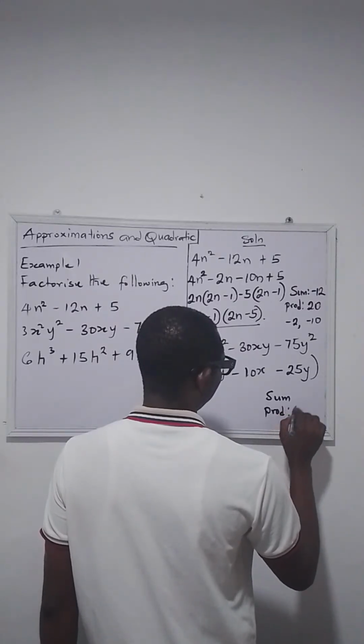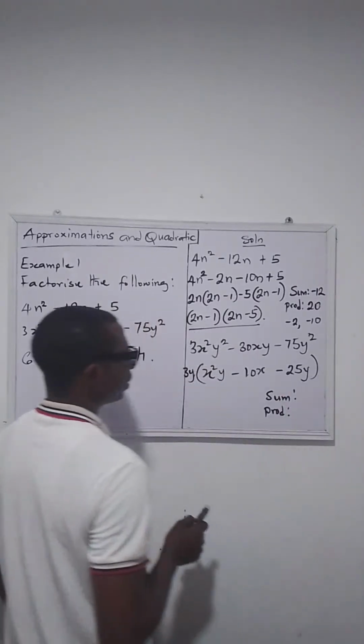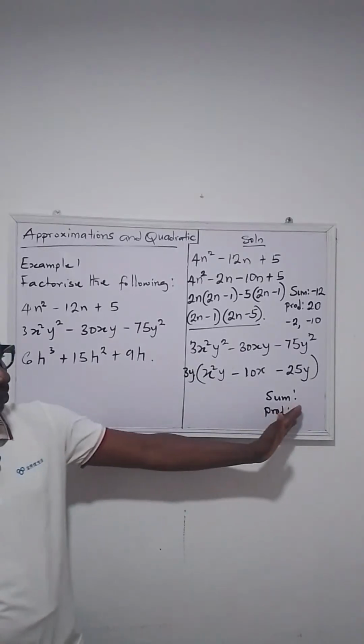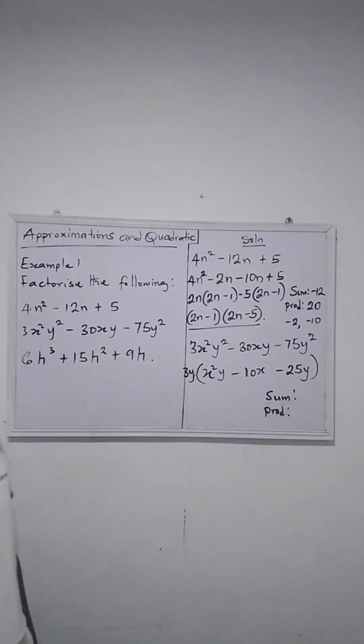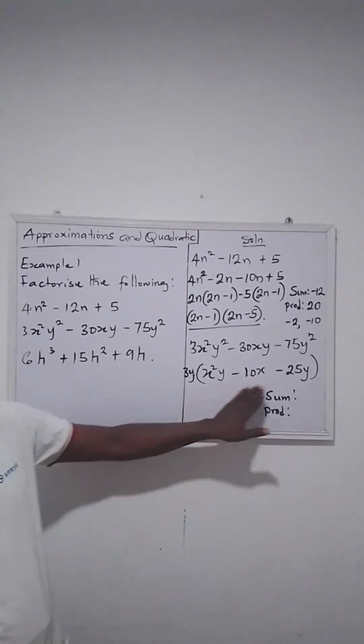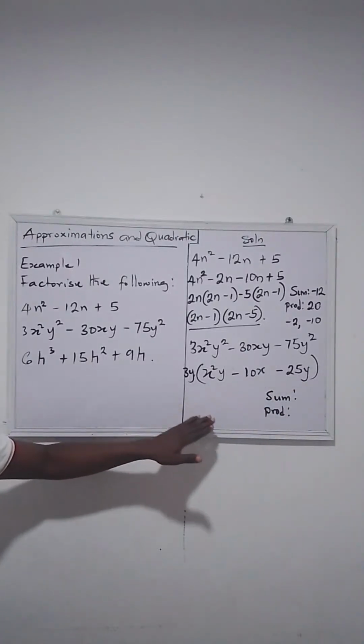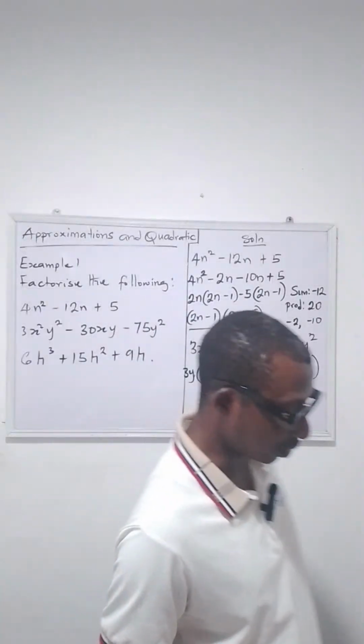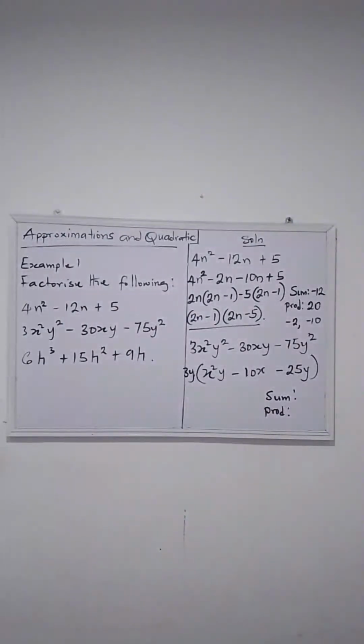I want you to look at that. Tell me what is the sum and what is the product of this expression we have inside the bracket. Drop your answer in the comment section. Let's see those of us that can get the answer to that. So what is the sum and what is the product?